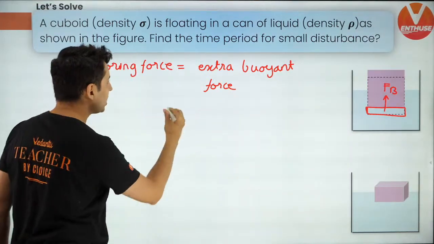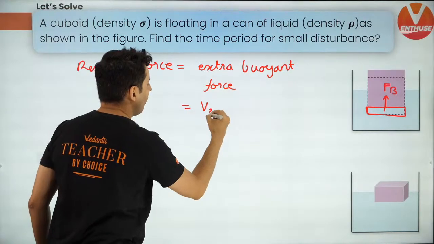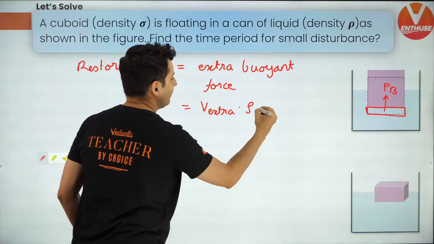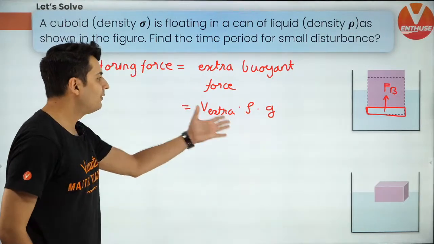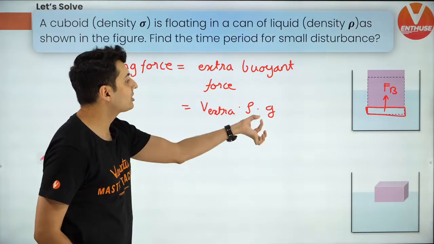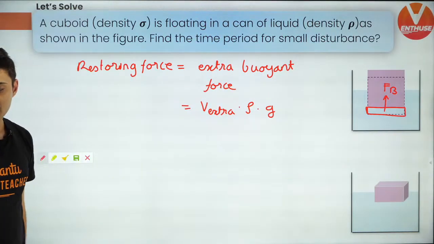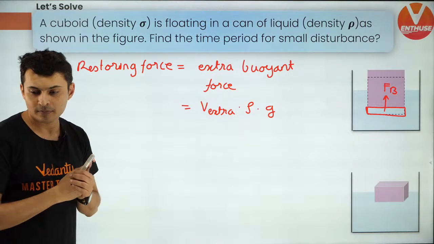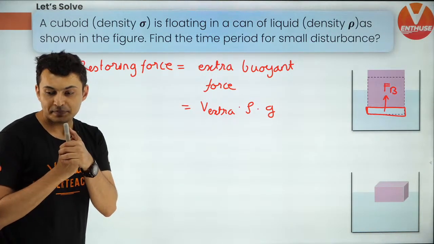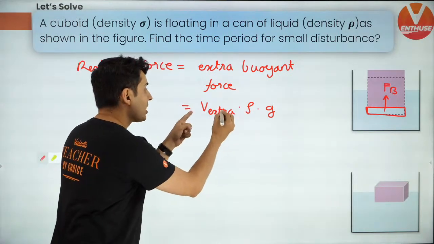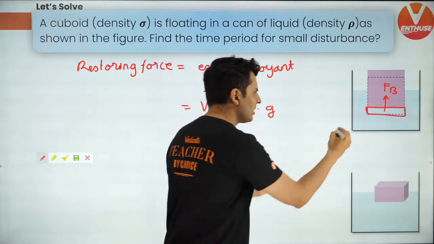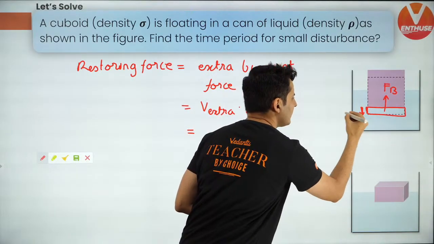It will be equal to extra volume which has been displaced into density of fluid into G. Remember, V rho G is the buoyant force. So extra buoyant force will be extra volume into rho G. Now think about it. What will be the extra volume which has been displaced? Let's assume this is X.